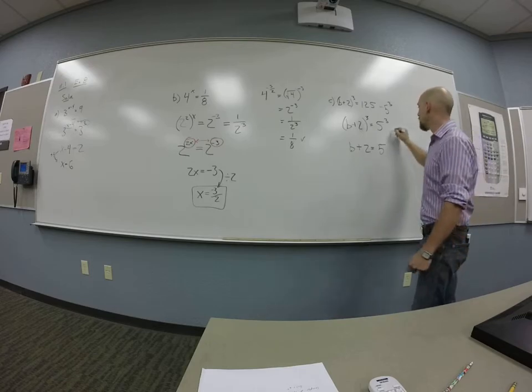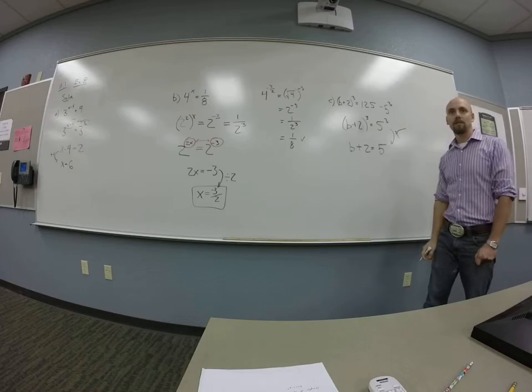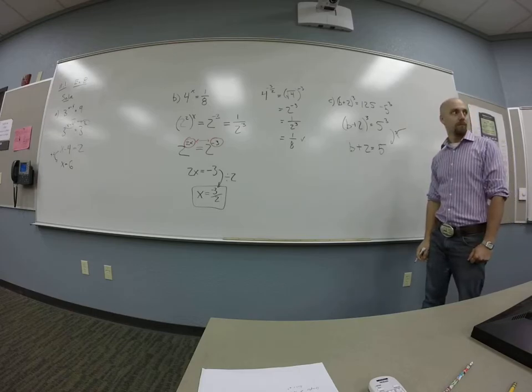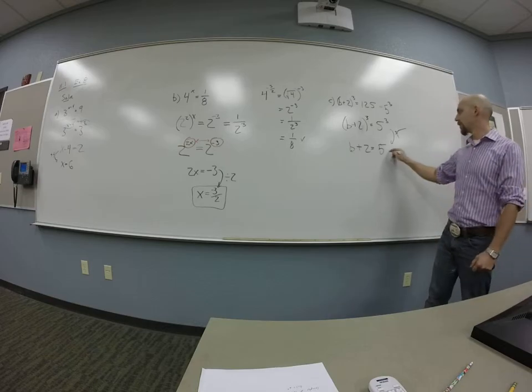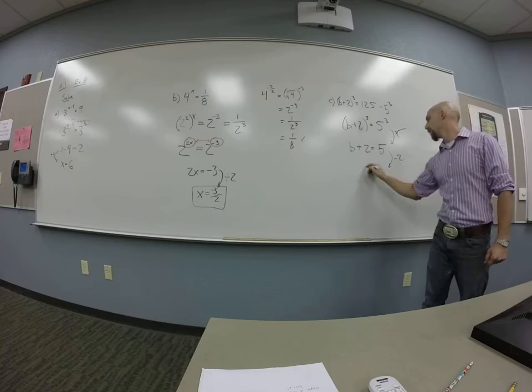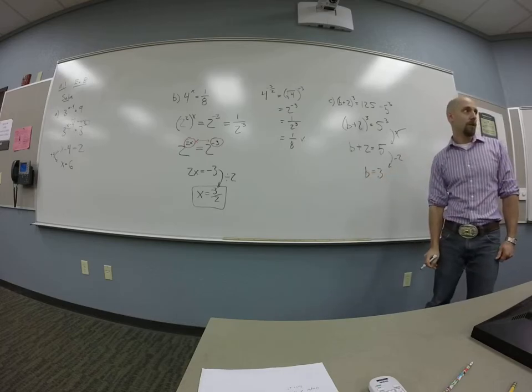One way to see that is to take the cube root of both sides. So this means B has to be 3, right? Subtract 2 from both sides. Get B is 3. You guys follow this?